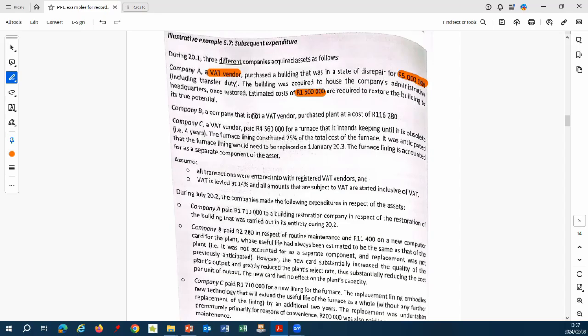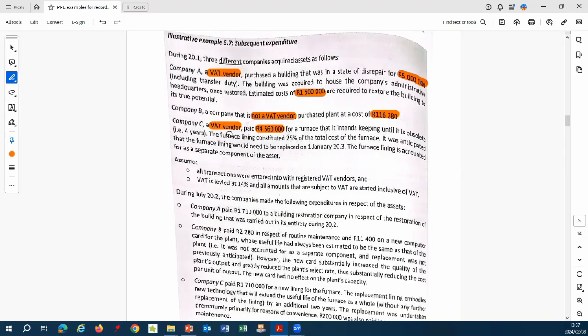Company B is not a VAT vendor, and they've purchased a plant at 116,280. And then company C is a VAT vendor. They paid 4,560 for a furnace that they intend keeping until it's obsolete, which is another 4 years.